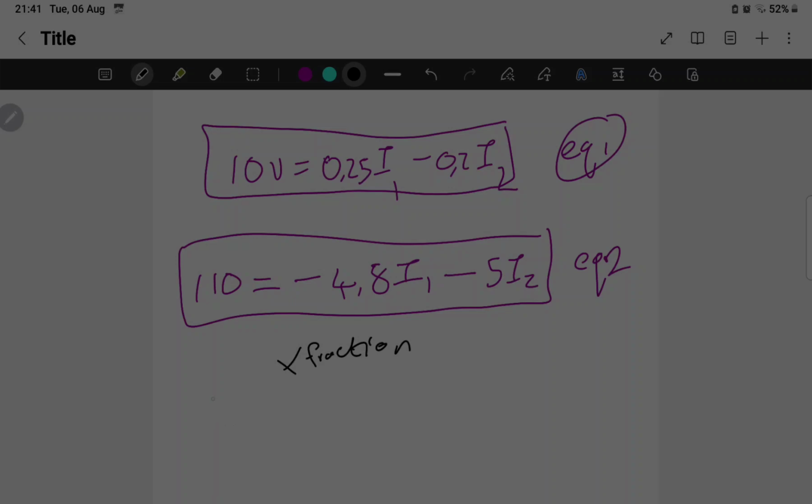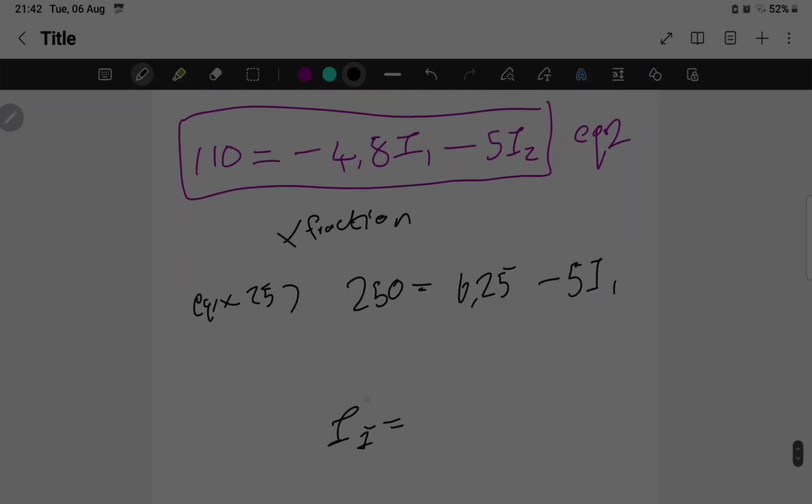Okay, so we're going to take the first equation and multiply everything by 25. So we have 10 multiplied by 25, we have 250 equals 0.25 multiplied by 25, we have 6.25. And then over here we have negative 0.2 multiplied by 25, we have negative 5 I1.